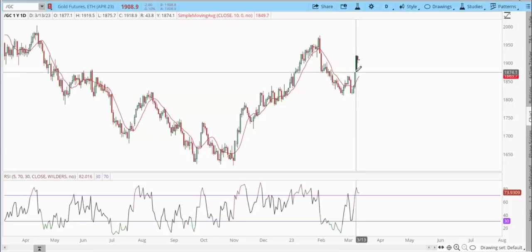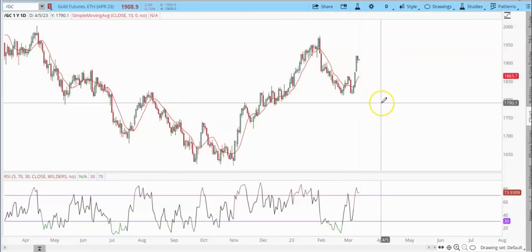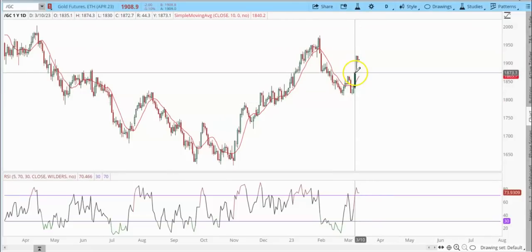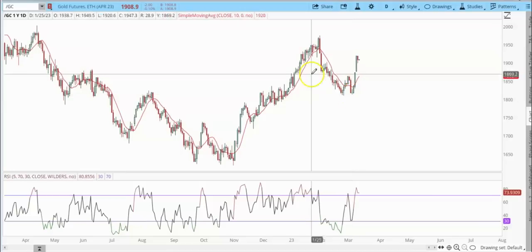At that point, I didn't want to stubbornly remain in the camp that this was going to roll over and give us a second daily cycle down. I think there was a big fundamental change in the market, and that's the point at which I suggested that traders go ahead and get back in and just put a stop right below this pivot.